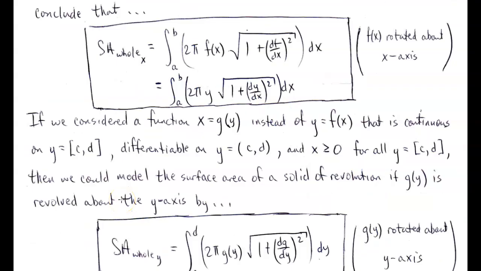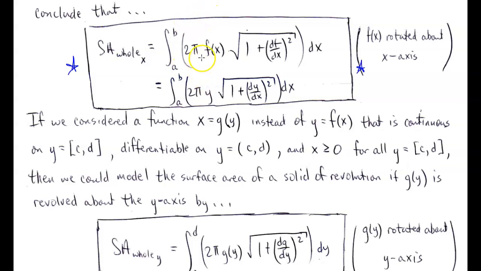So we conclude that our formula is just going to be the surface area of the whole shape, and that's why I have whole there. And I have the x in the subscript there because we're rotating our function f of x about the x-axis.